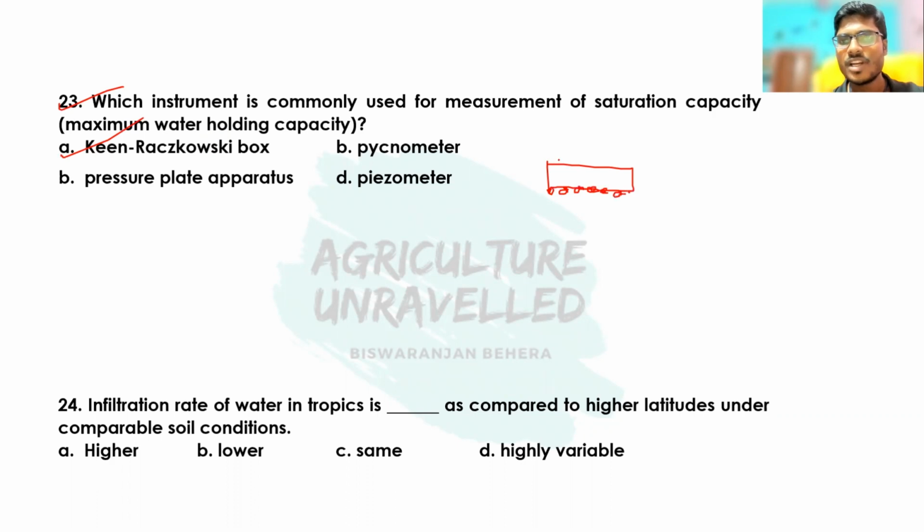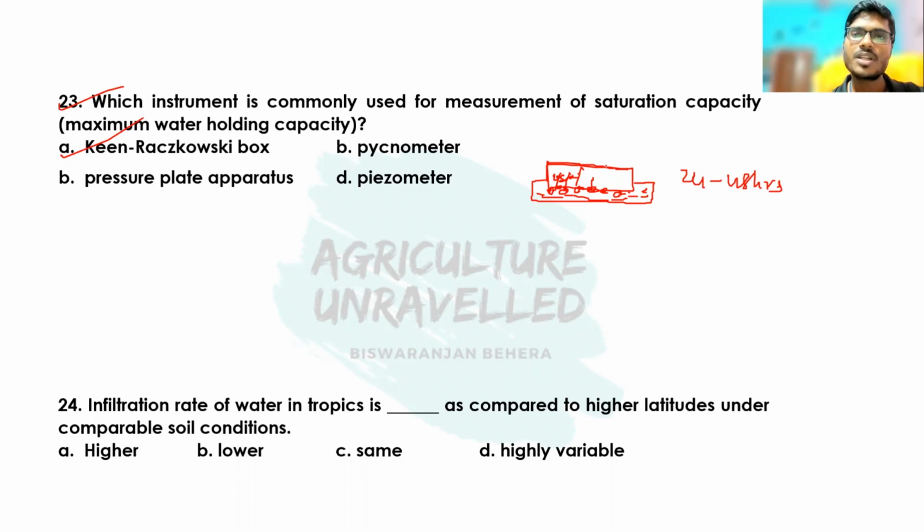When this can is filled with soil and placed in a plate containing water, the soil present inside the can will soak the water through these holes, and after a definite period of time, like 24 to 48 hours, all soil pores will be filled with water, and at this stage the saturation is achieved.